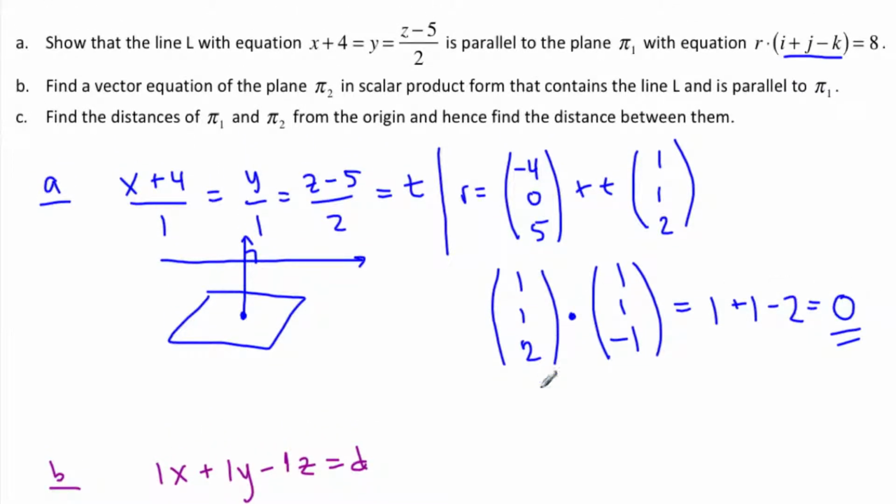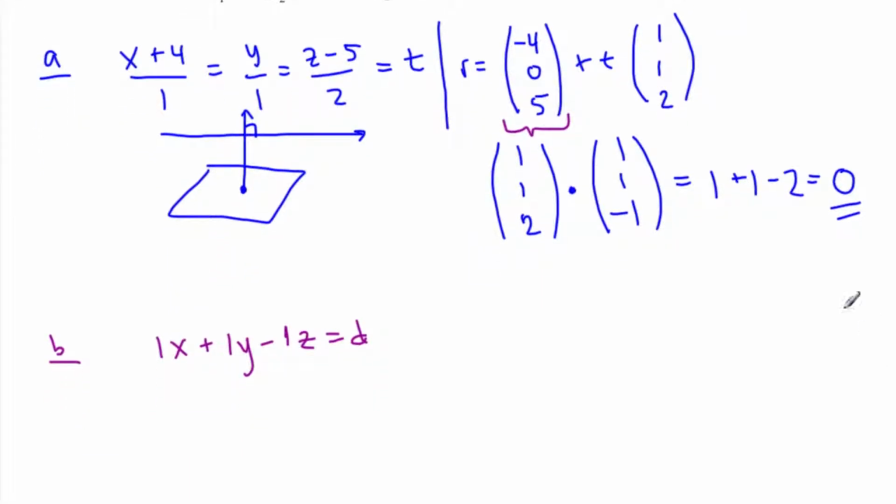All we need is a point that's contained in the plane, and this point we can grab right there. So I'm going to plug in -4, 0, and 5. So 1 times -4 is -4, plus 0, and then minus 5, just by plugging in x, y, and z here. This will equal d. So -4 minus 5, d is -9. So our plane will be x plus y minus z equals -9.